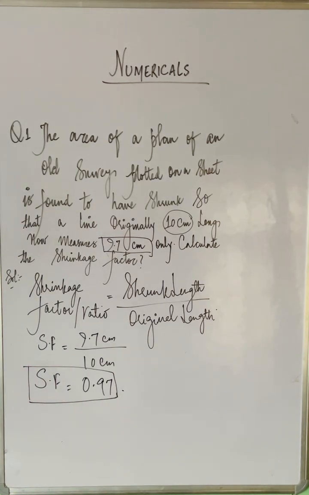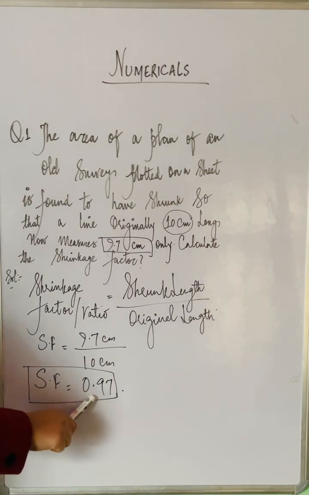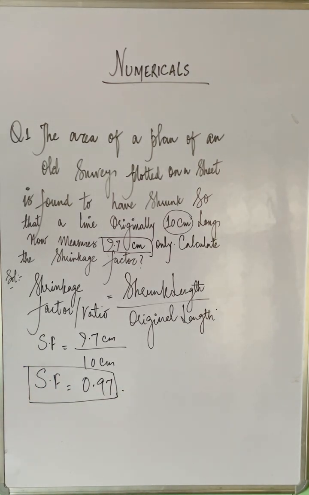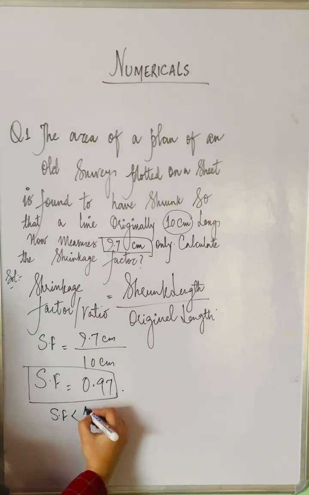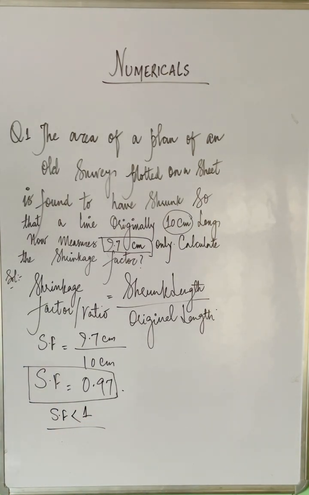So shrinkage factor or shrinkage ratio is 0.97, and as I have already told you, it's always less than unity. This must be noted, that shrinkage factor or shrinkage ratio is always less than unity, and it's the ratio between shrunk length and original length.